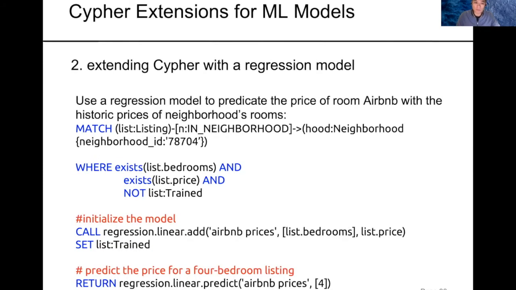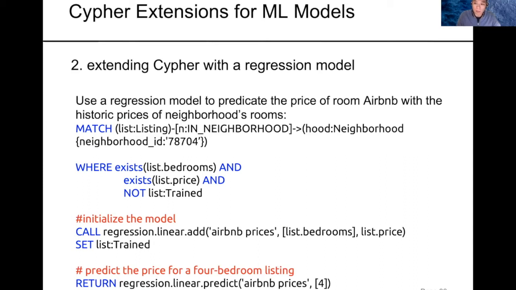Second, we can also extend Cypher with regression models. In the following example, we are using a regression model to predict the price of rooms on Airbnb with the historic prices of neighborhood rooms.